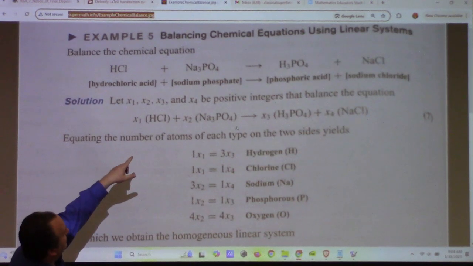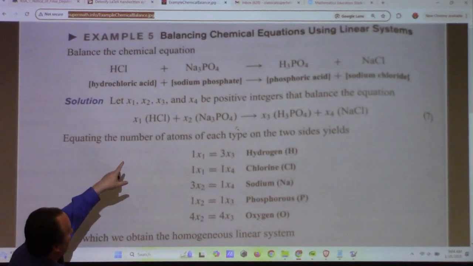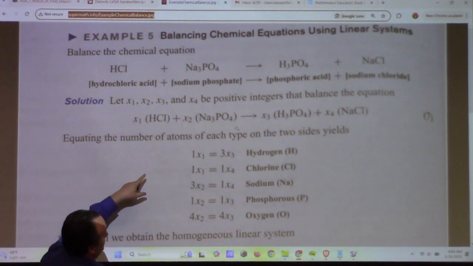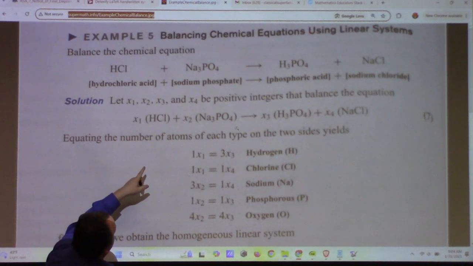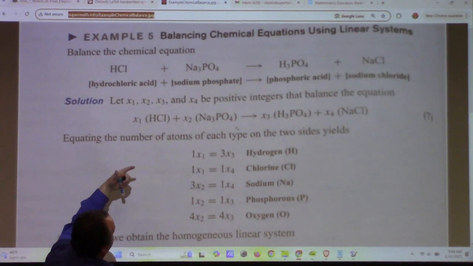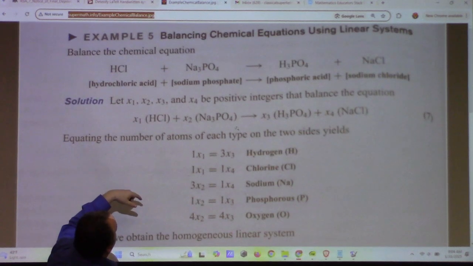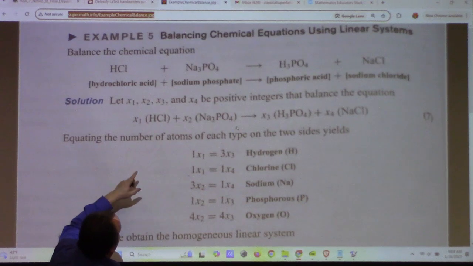The sodium phosphate, how many hydrogens are in that? None. How many chlorines? None. Sodium: there's 3 of those.